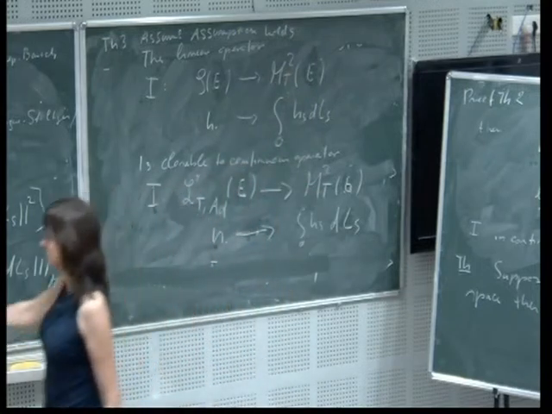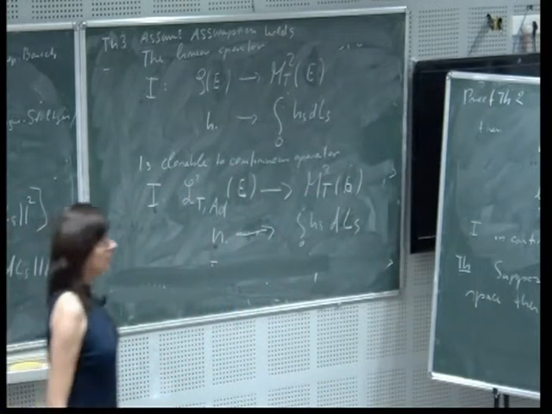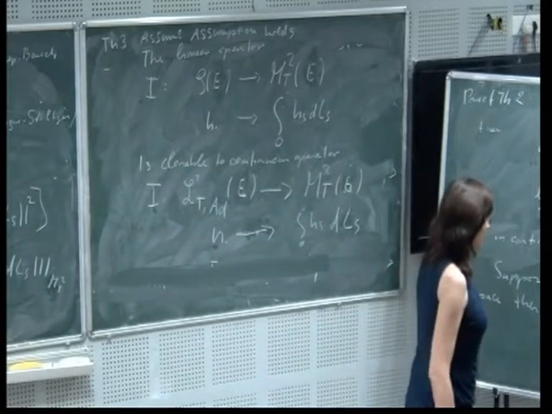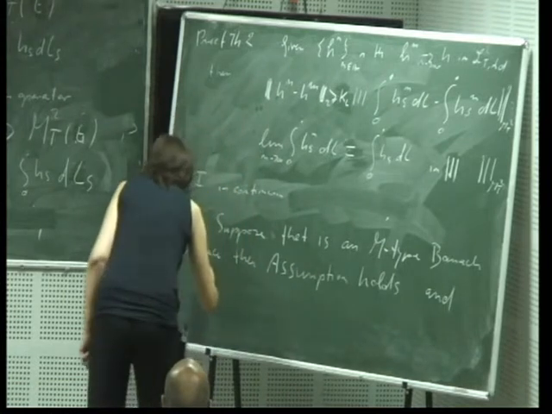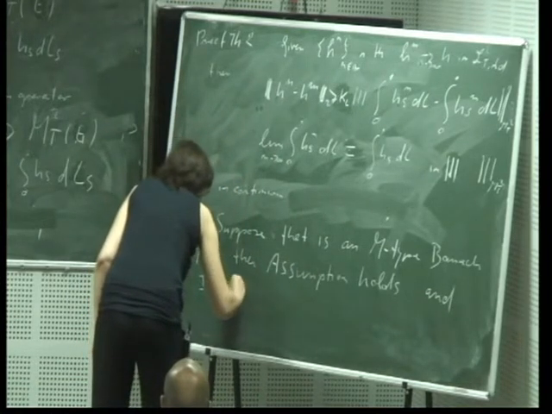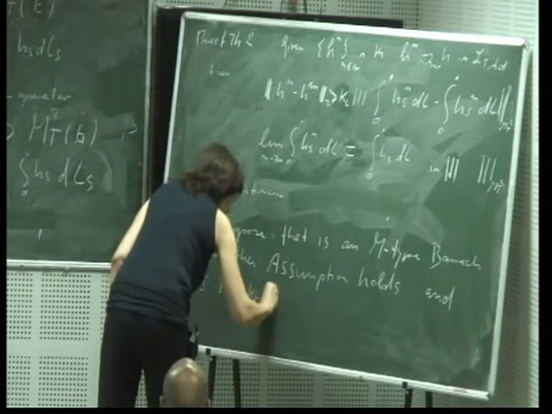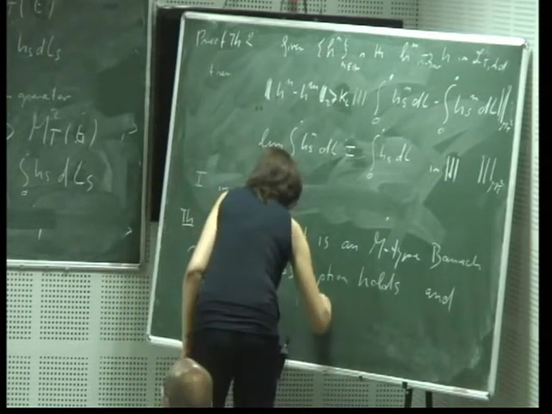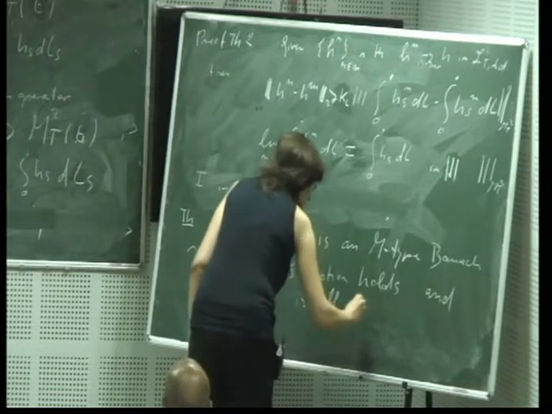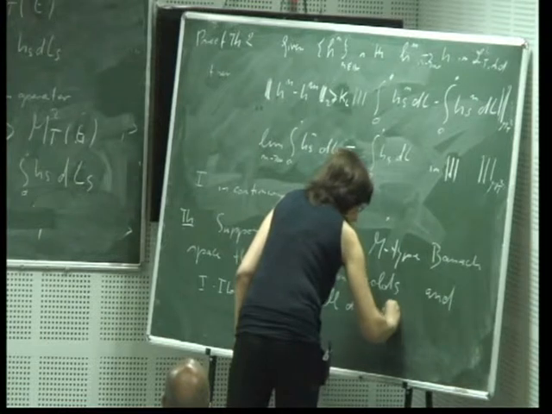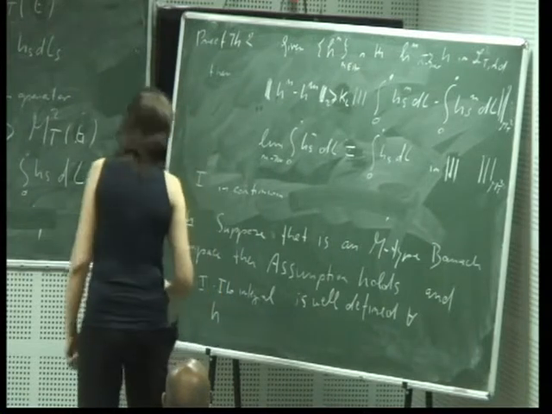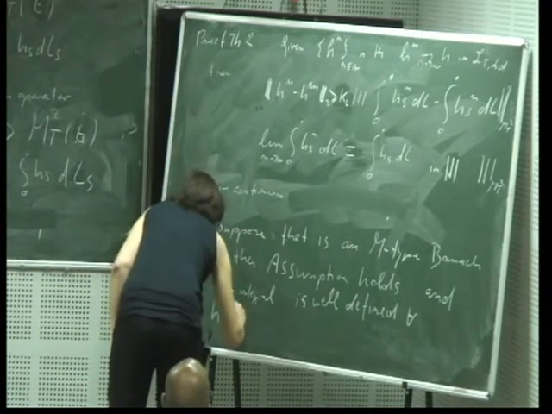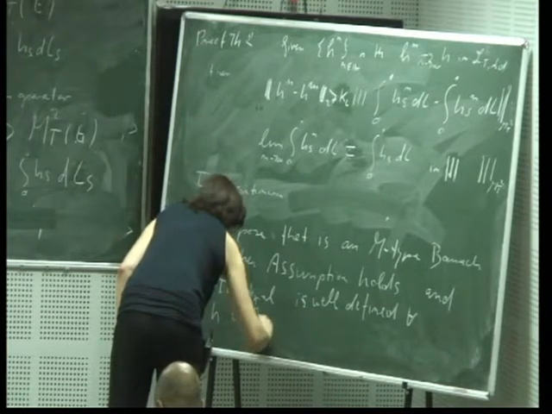Then, if E is an M-type 2 Banach space, then the assumption holds, and the Ito integral is well defined for all L2 functions, so for all stochastic processes H in L2_T which are adapted.